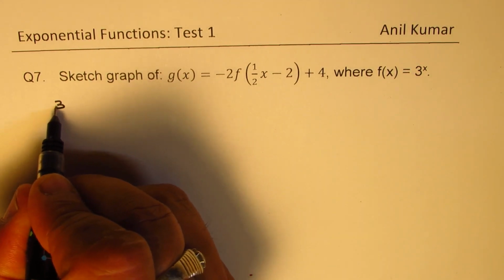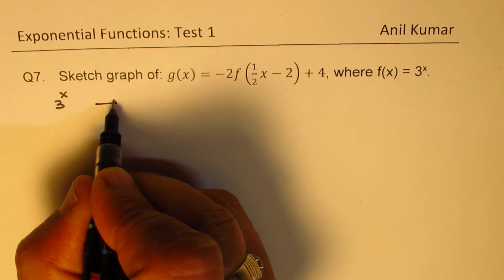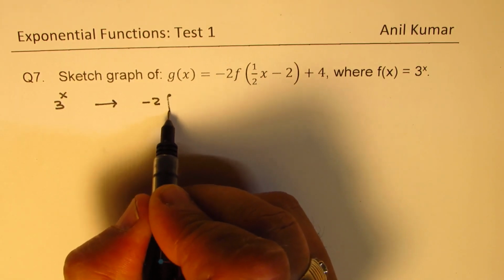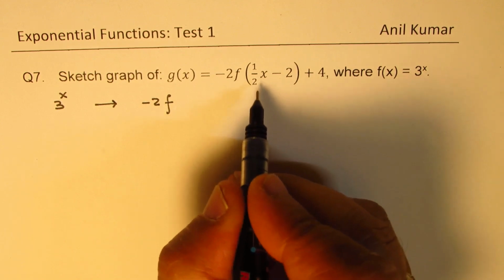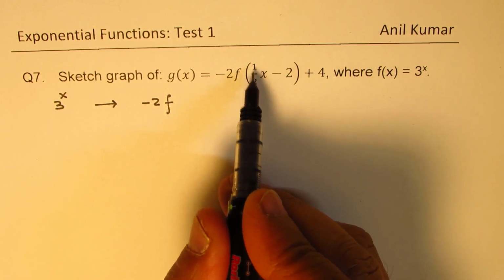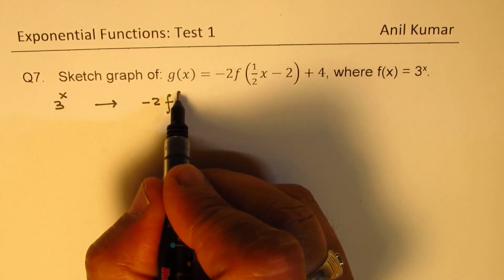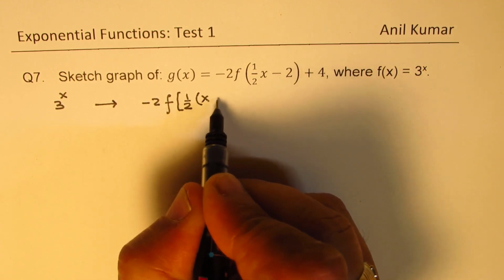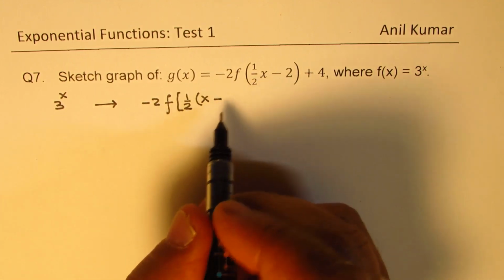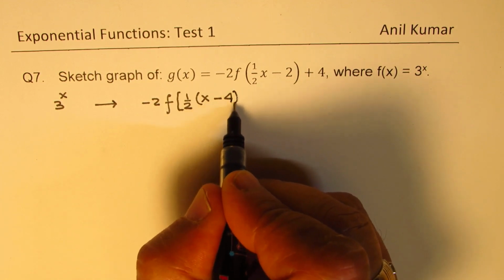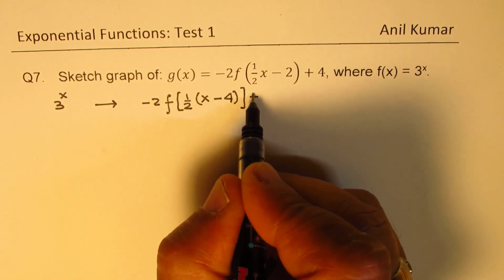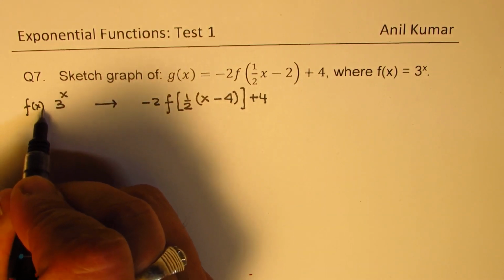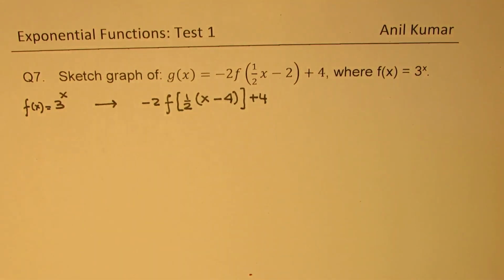So we are going from 3 to the power of x to a transformed function, which is minus 2 f of, so here we should take half common. So I'll rewrite this as half of x minus, it gets multiplied by 2, we get 4, and here we have plus 4, correct? So this is the function, and that is the transformation.